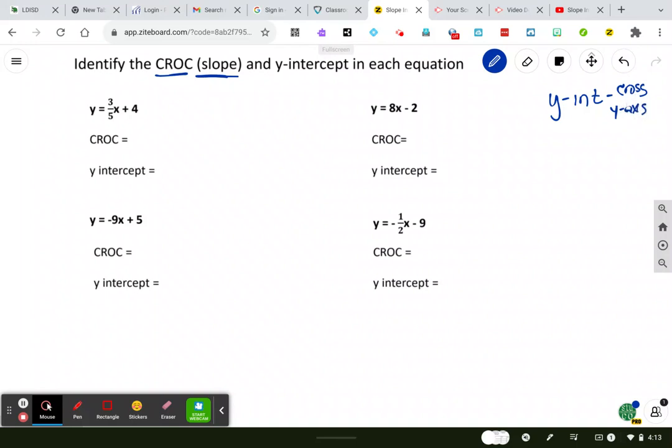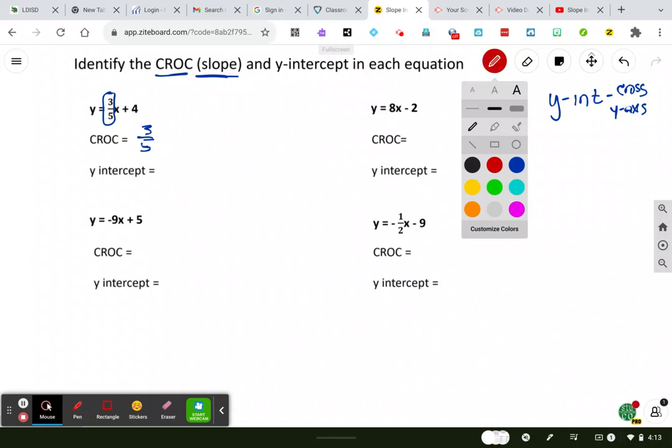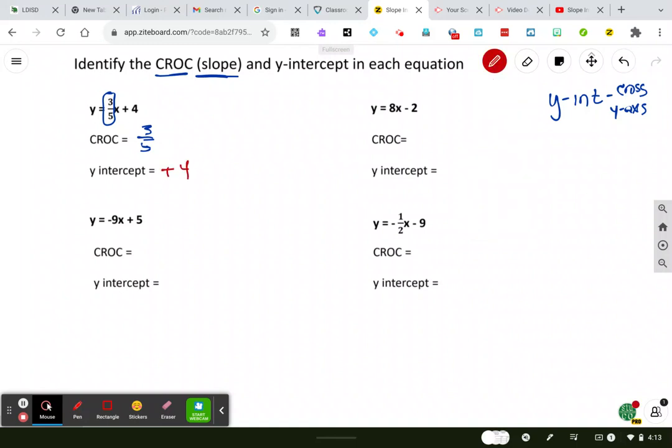So your constant rate of change on this one is 3/5. That's your m. And your y-intercept is +4.